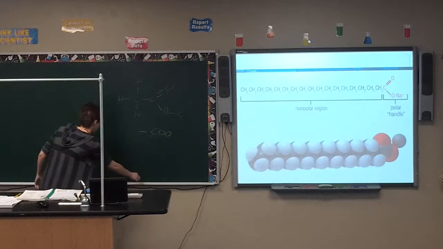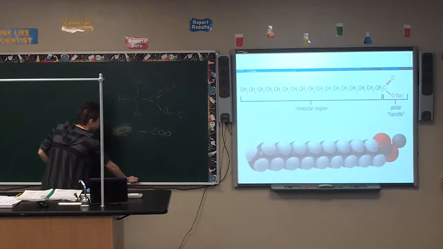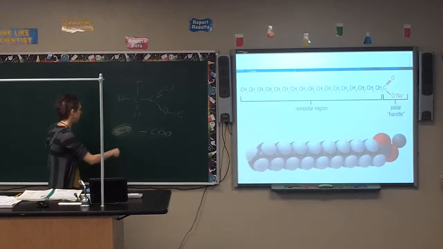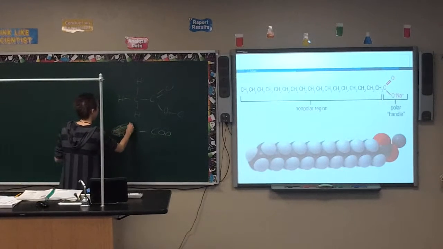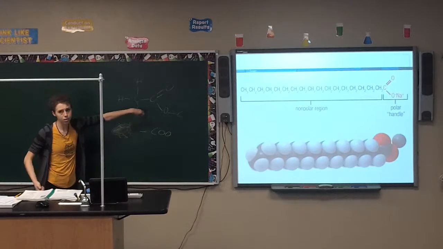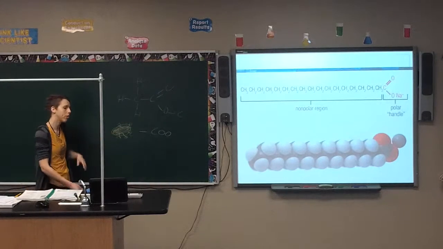So if you have a drop of oil, the oil will not be attracted to the water. This is why trying to get oil out of a pan with just water is a pain. But if you use a soap molecule, the non-polar end will stick on the inside of the oil and the polar end will stick out. So because the polar end is sticking out, the water can basically grab it as it's going by because it's attracted to that polar end and it can help the oil wash away.